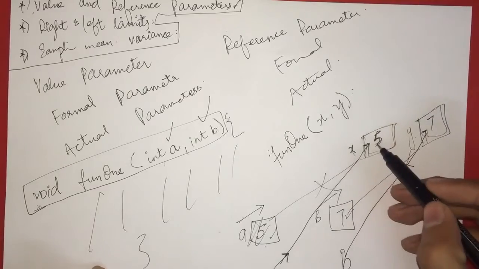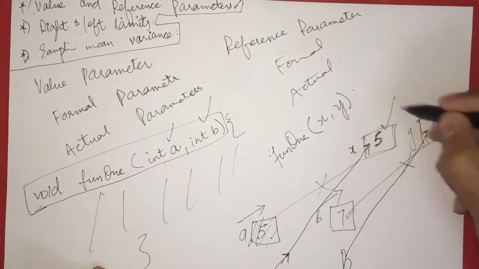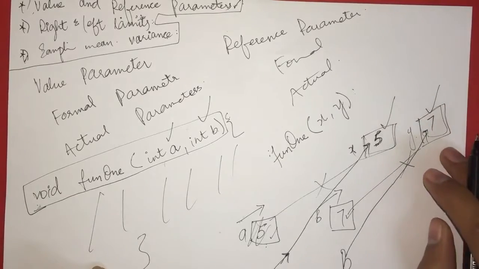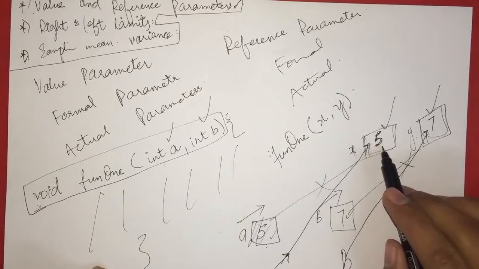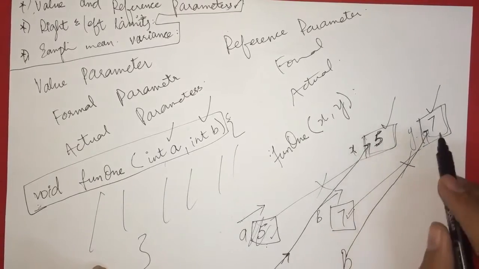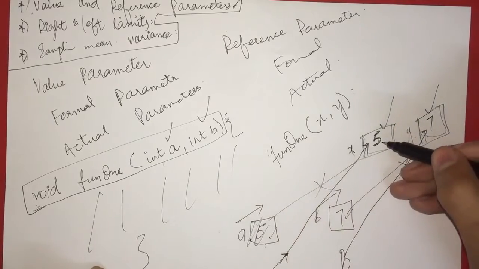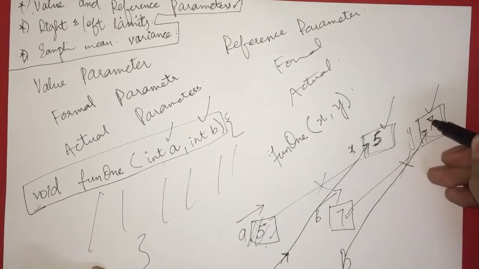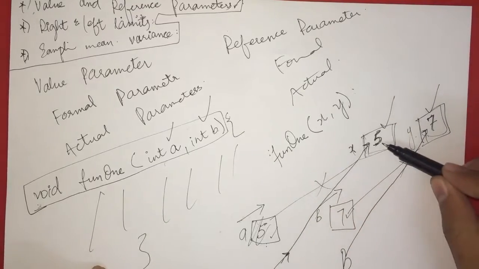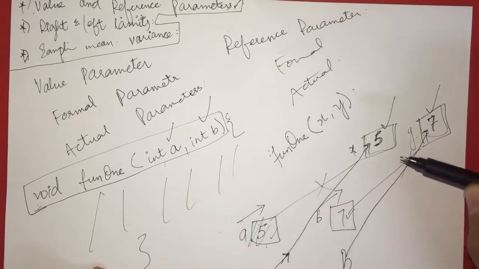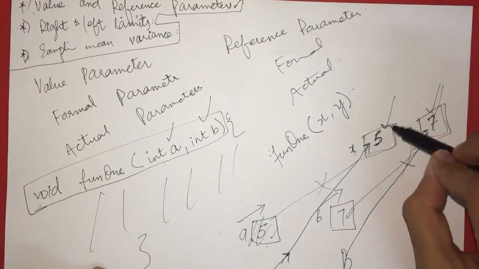They use these memory locations to manipulate whatever data is inside them. And when they manipulate it, they actually affect your actual parameters, because they're manipulating this data inside the function.